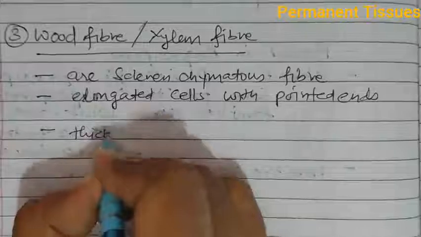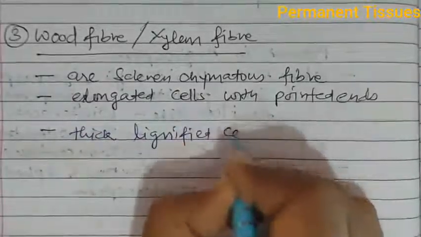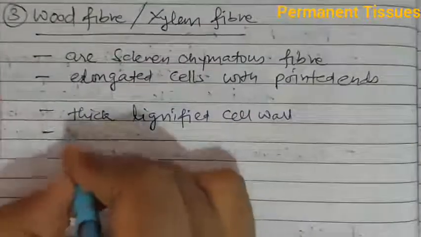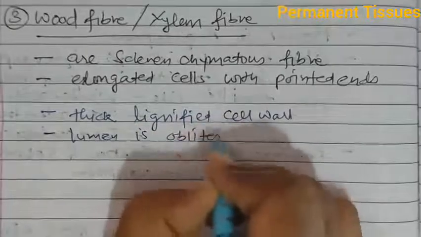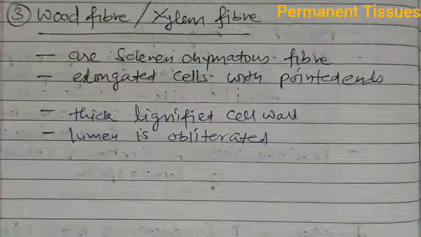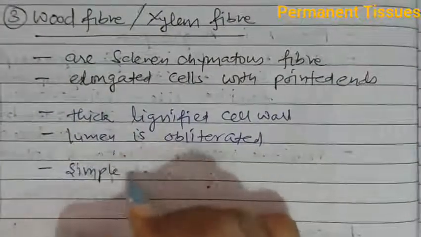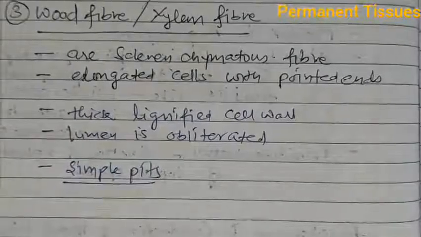Thick, extremely thick, lignified cell wall, and due to the presence of the lignified cell wall, the lumen is obliterated. They have simple pits, so the diameter of the pit is the same.